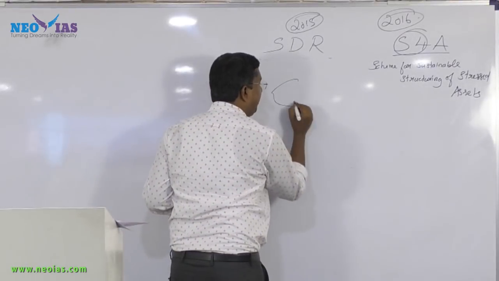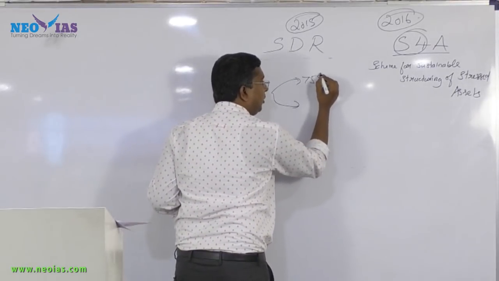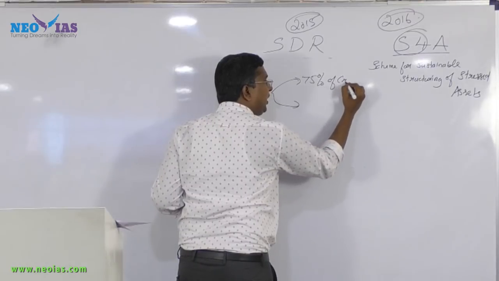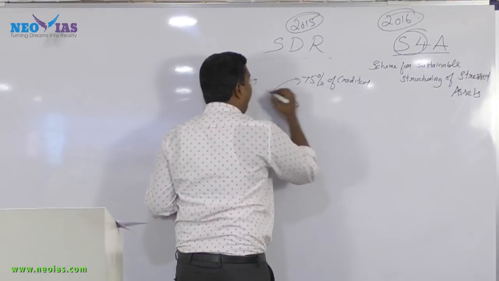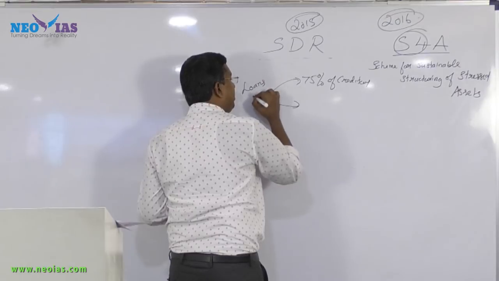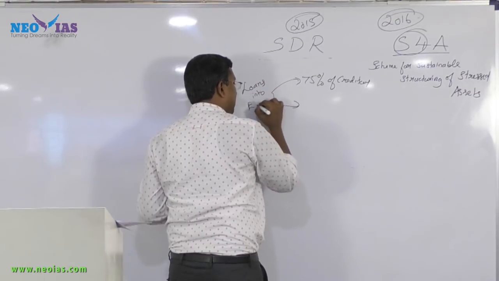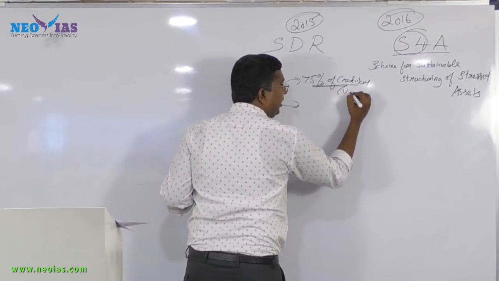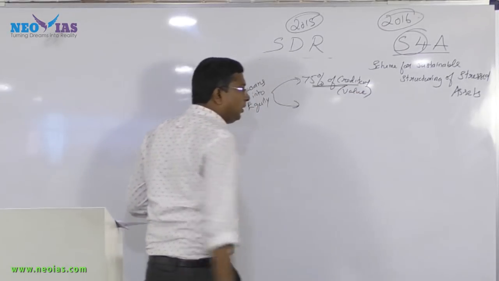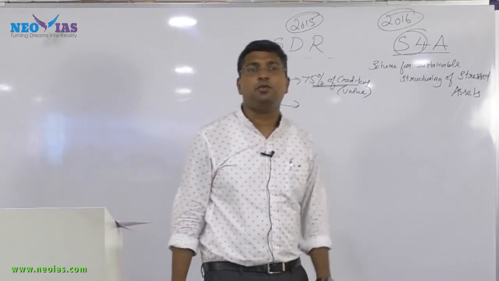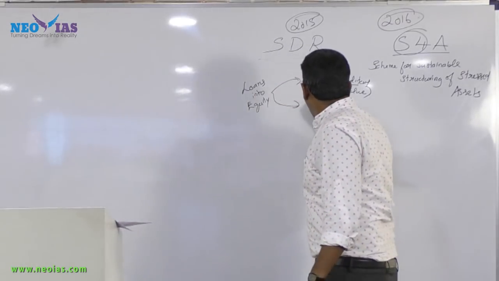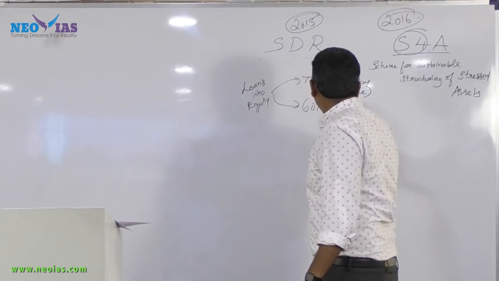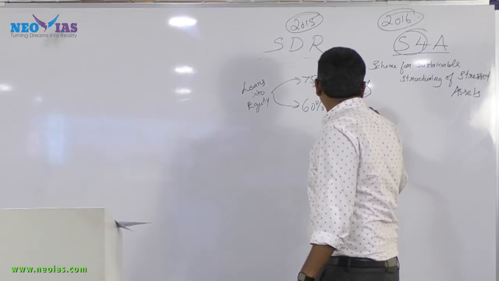It has to be approved by 75% of creditors. If you want to convert loans into equity, it has to be approved by 75% of creditors in terms of value. These two conditions have to be satisfied, and 60% of creditors in terms of number.